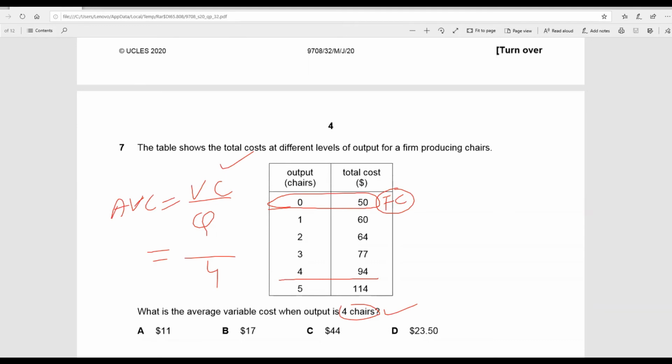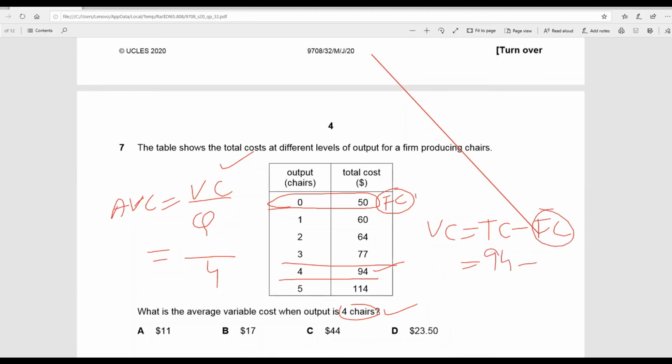And at the fourth unit, or 4 chairs, we can find out variable cost, and variable cost is calculated as total cost minus fixed cost. So at 4 chairs, total cost is equal to 94, and fixed cost we have identified is 50.